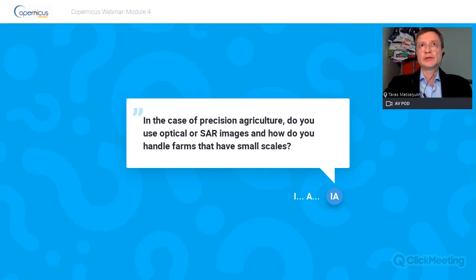Just to give you an example, because we just submitted the report, we can tell you with all certainty that in the northern Netherlands, where we had been collecting data for an entire year, we only had 5 usable optical images in the entire year which could be used for agriculture analysis purposes. The rest of the year had a certain amount of clouds, which was really interfering with small field sizes.